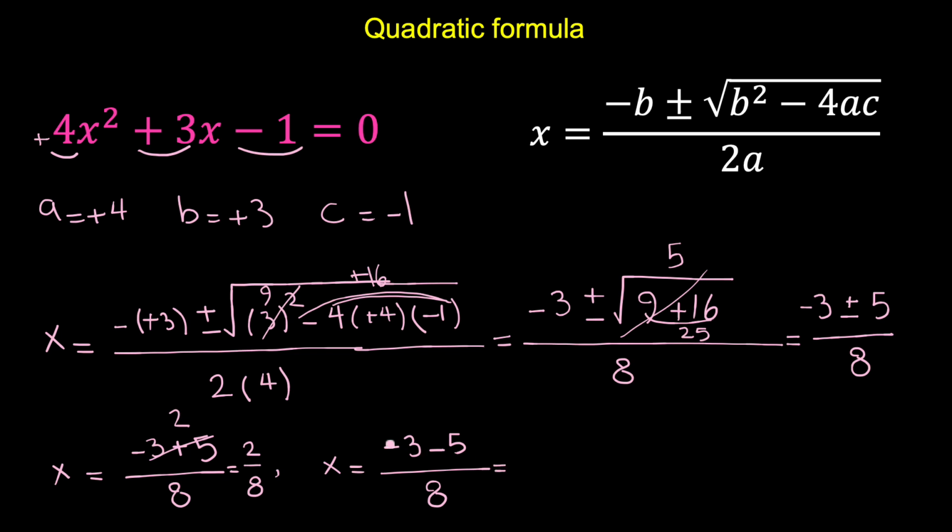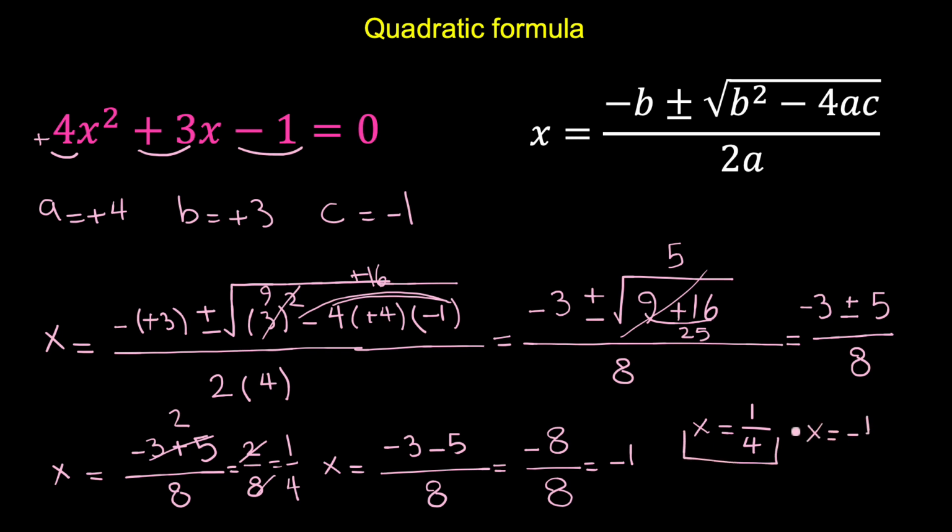And here minus 3 minus 5 equals minus 8 divided by 8. And if I want to simplify it, I just divide the two numbers by 2, which gives 1 divided by 4. And here minus 8 divided by 8 equals minus 1. So one of our answers is 1/4, and the other is minus 1.